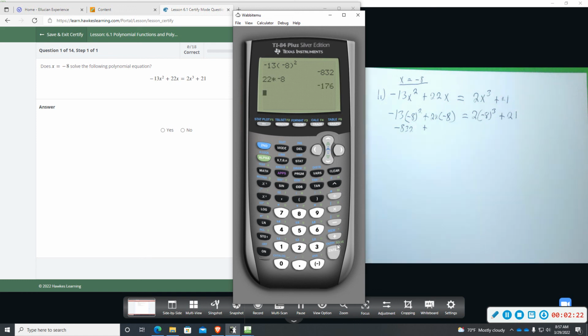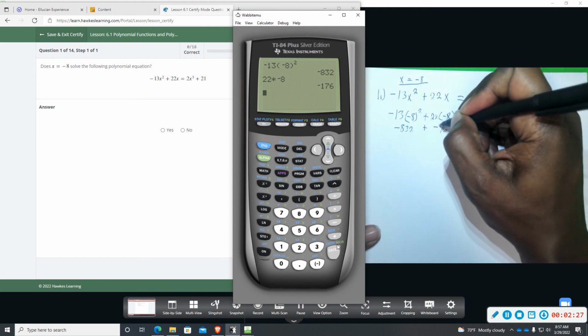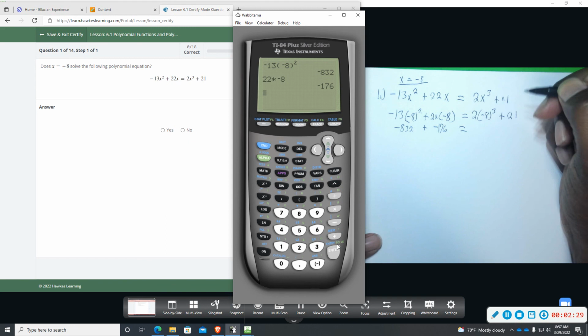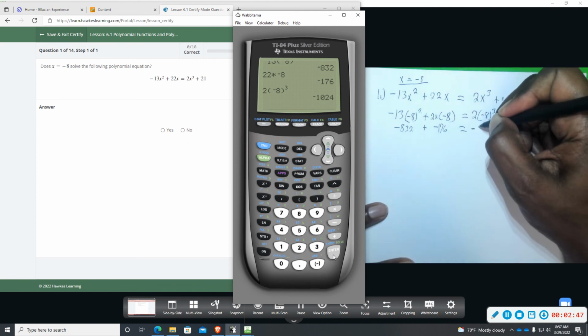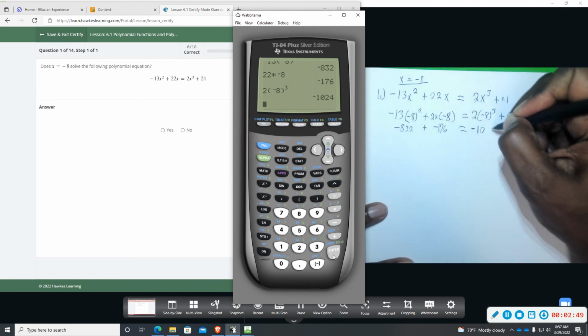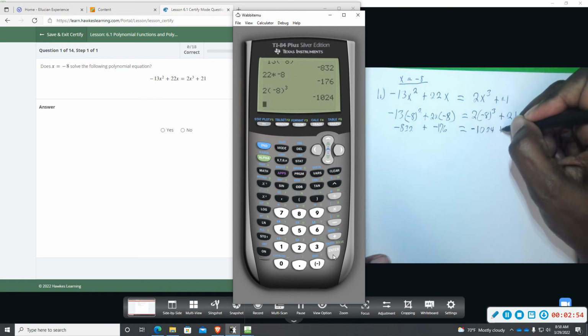Get a negative 176. And then 8 cubed times 2, negative 8 cubed times 2, gives us 1024, or negative 1024, that is. And then we just have a plus 21.